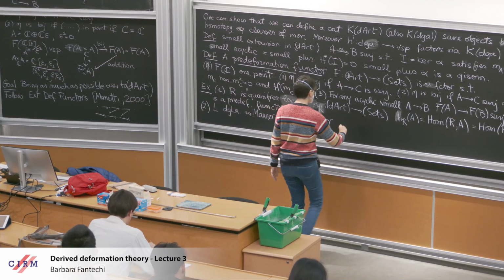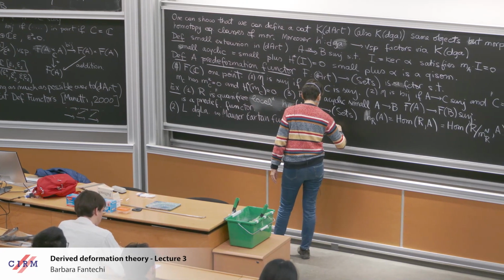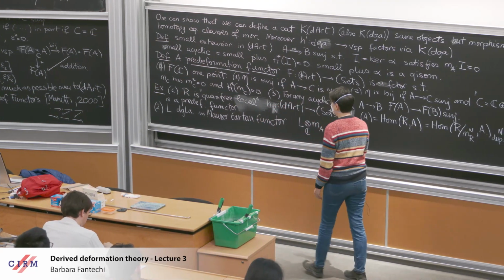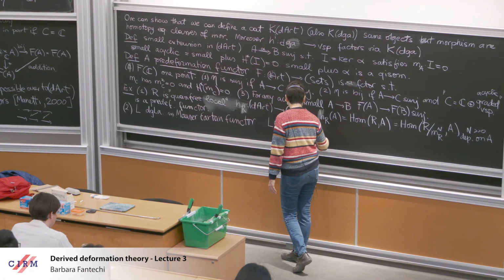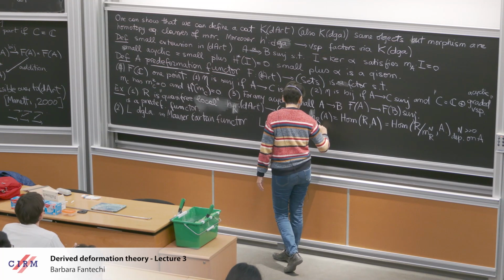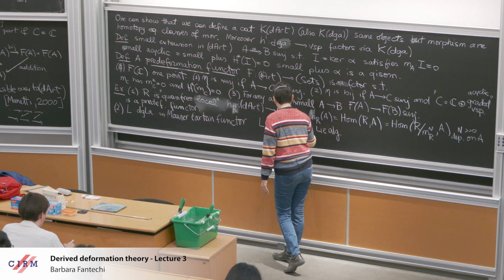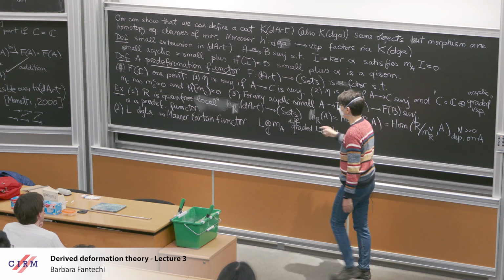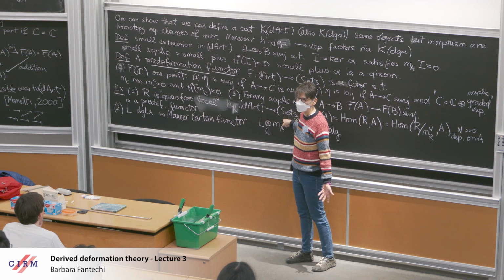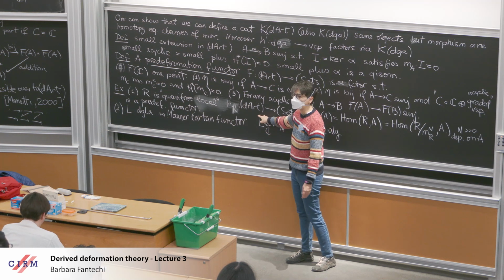First of all, you can take L tensor over C with M_A, and this has a natural structure of differential graded Lie algebra, where the way it's a complex is clear, it's a tensor product of two complexes, so we know how to make it into a complex. And what I have to tell you is how to do the bracket.